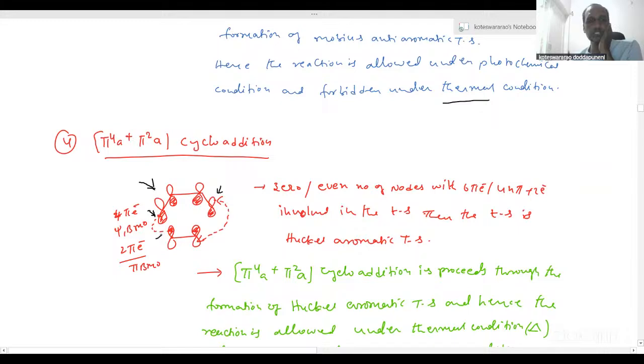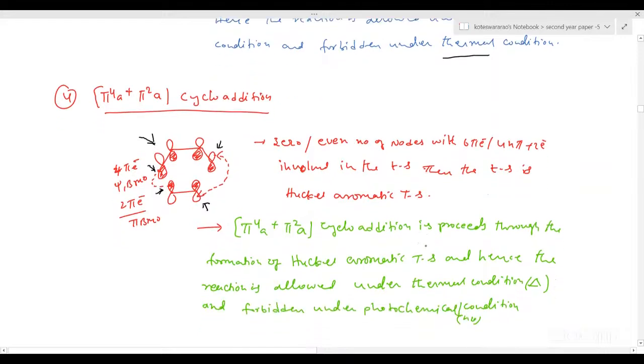With respect to the second pi system, the first interaction involves this lobe and the second involves this one. Therefore, antra: in both cases the interacting lobes are of opposite phases. Now it leads to zero or an even number of nodes. There is no node generation here. Therefore, it belongs to zero or even number of nodes with 6 pi electrons, that is 4 plus 2 electrons, involved in the transition state. Now the transition state becomes a Huckel aromatic transition state.